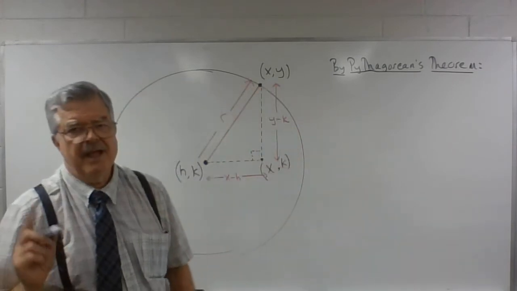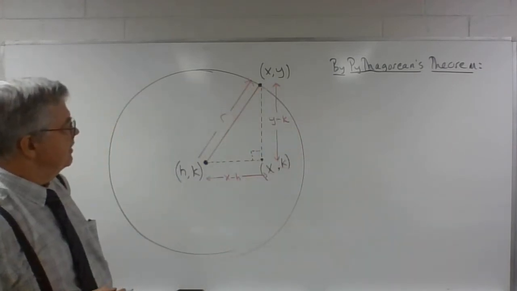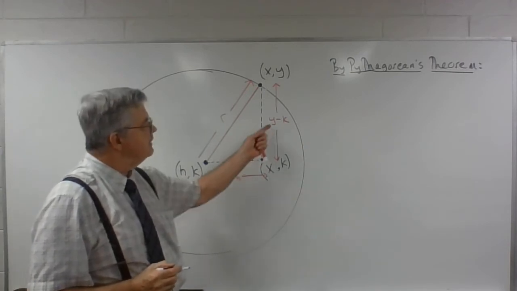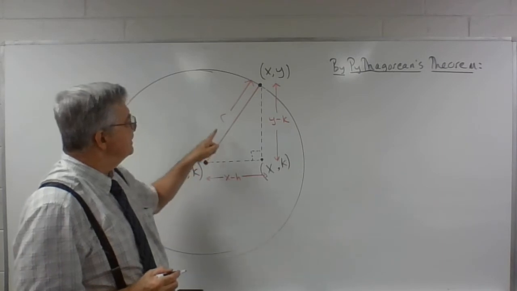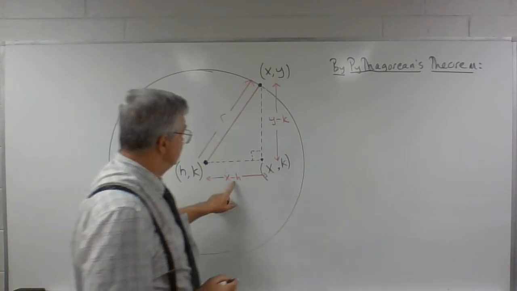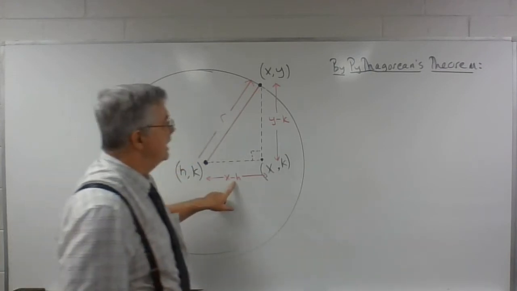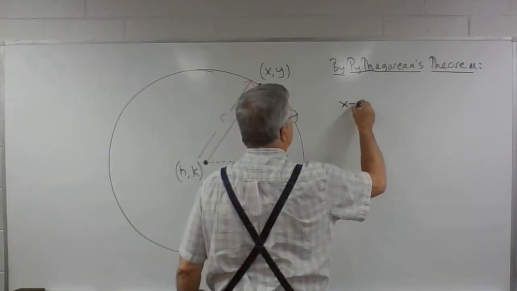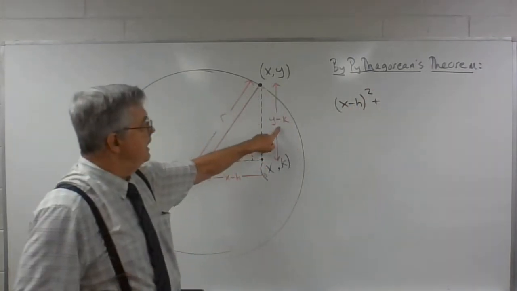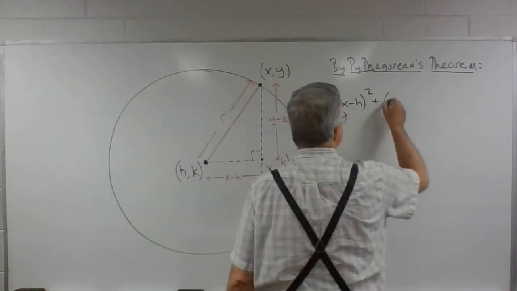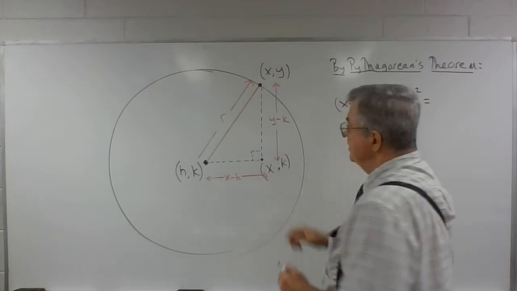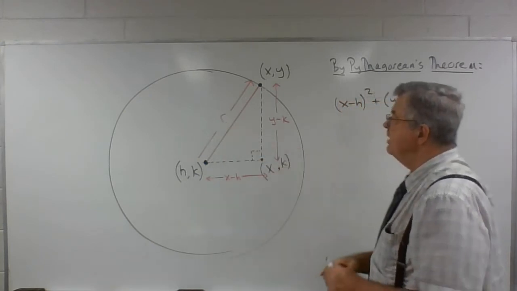Pythagorean theorem tells us that if we square the length of each side and add them together, we get the square of the hypotenuse. So we take the square of this side, and the square of this side, and that's going to equal the square of the hypotenuse, r.